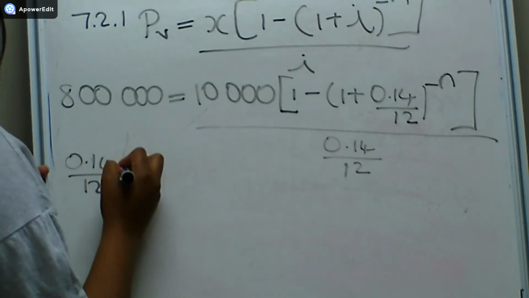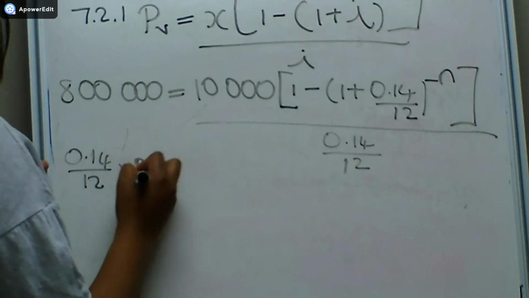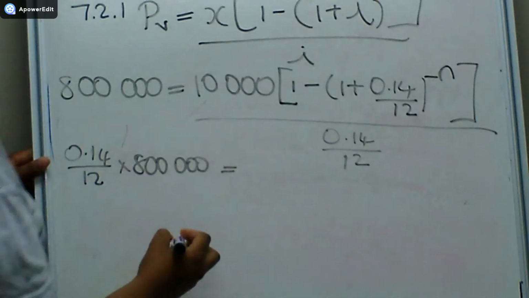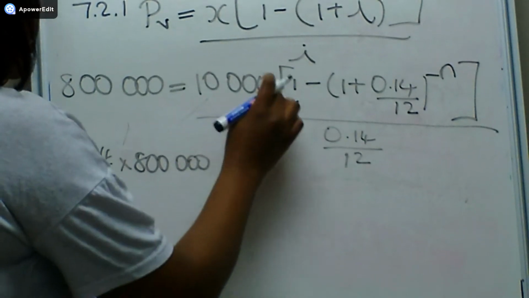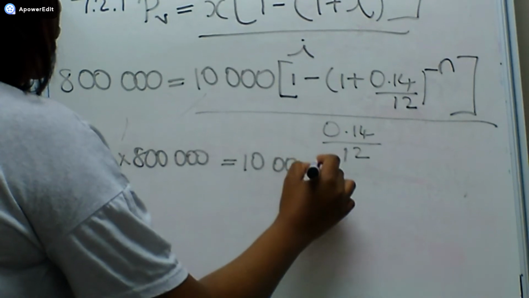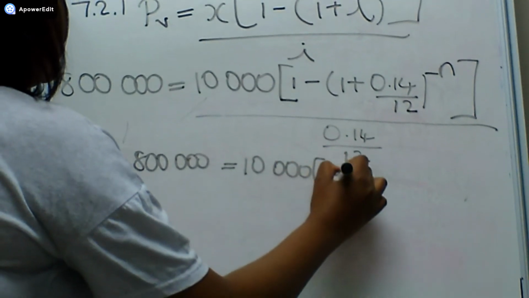You divide by 12, because it was said monthly, so that's why you divide by 12, to the power of negative n. Don't forget to say negative n, and everything divided by i. Your i is 0.14 divided by 12.